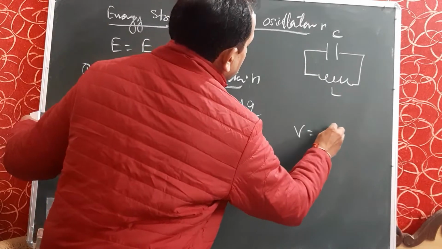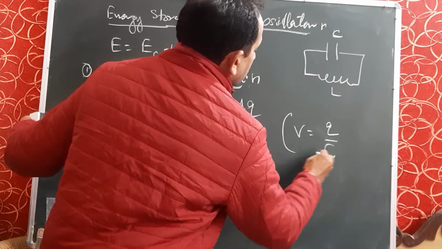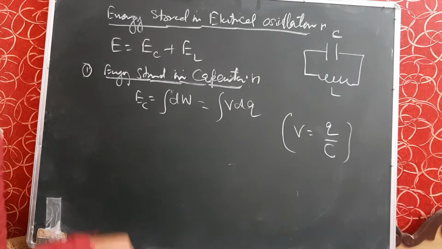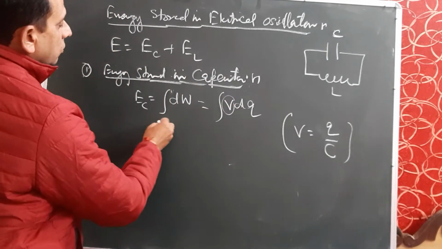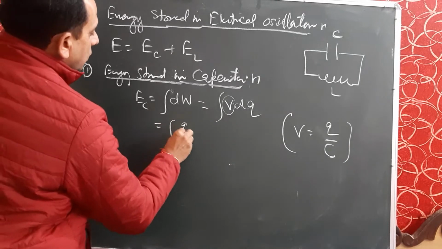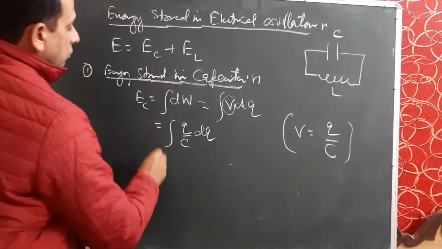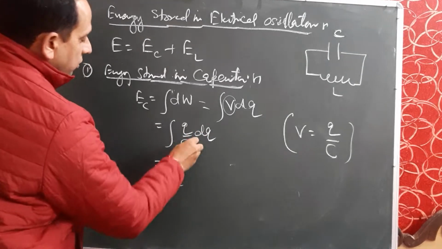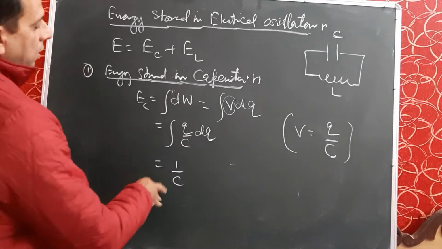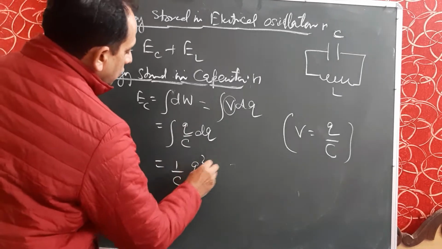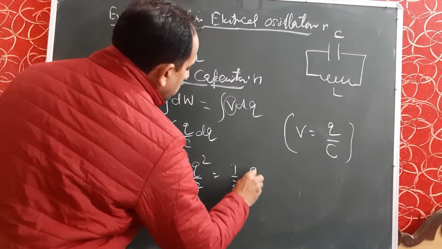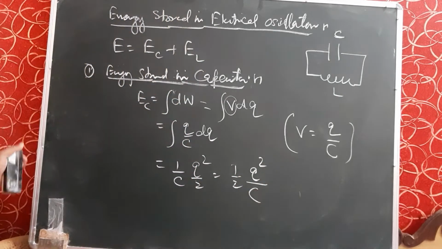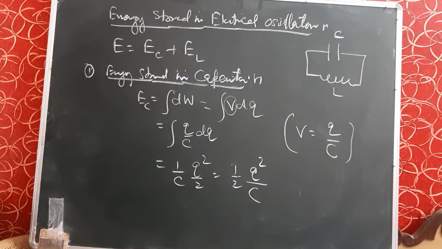Since V is equal to Q by C in case of capacitor, here we will put the value of V, that is Q by C into dQ, and the integral of this Q into dQ, because 1 by C is constant, it will come out, and integral of Q is Q square by 2. So, half Q square by C. This is the energy stored in capacitor.